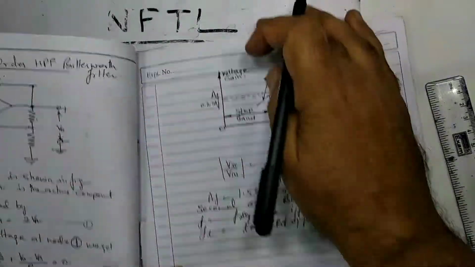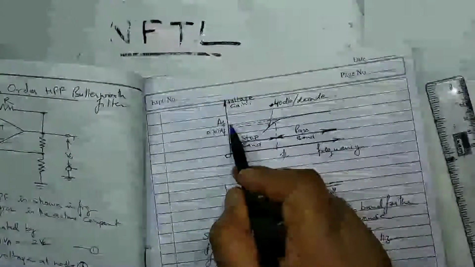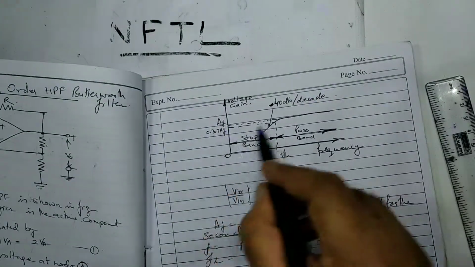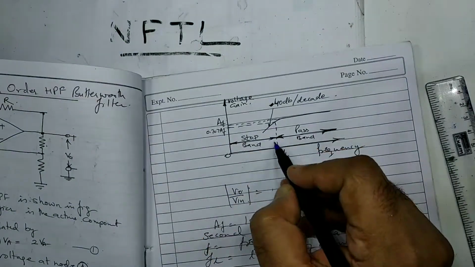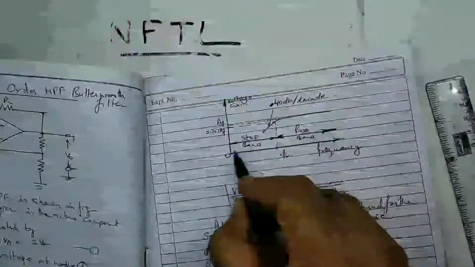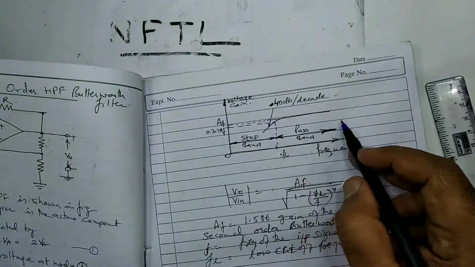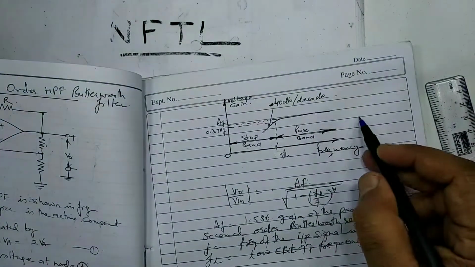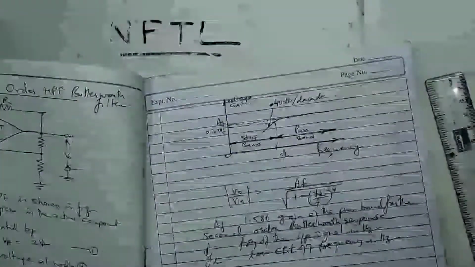So we can see here that this is 70.7% of the voltage gain, and this is the maximum gain. This is the stop band, and on the right hand side is the pass band. So this is the second order high pass Butterworth filter.